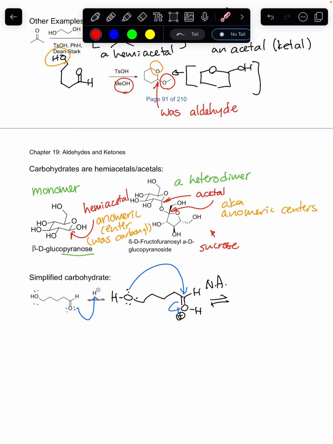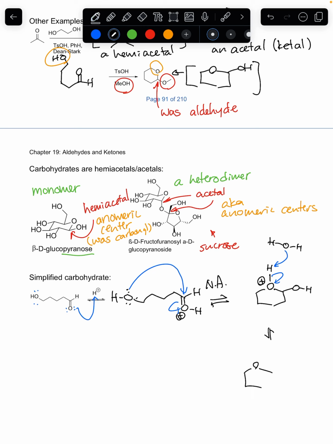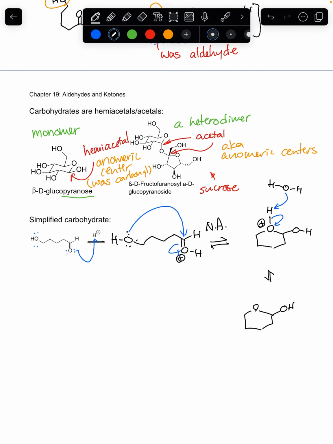In this case, it would form 1, 2, 3, 4, 5, 6-membered ring. I want you to notice that this is your new bond we just formed. And once this gets deprotonated, you have cyclized carbohydrate.